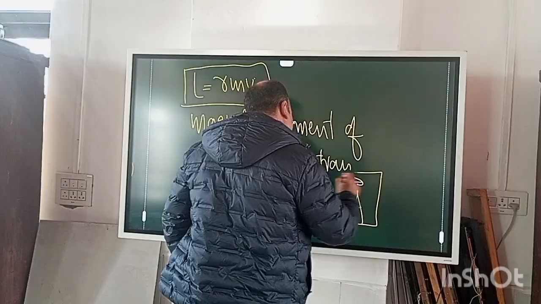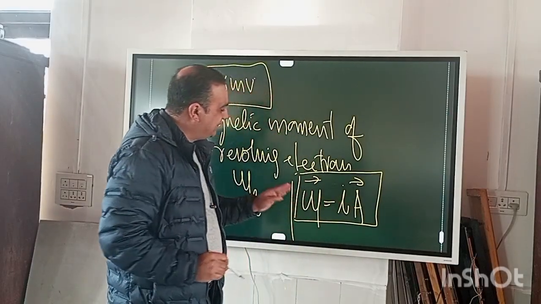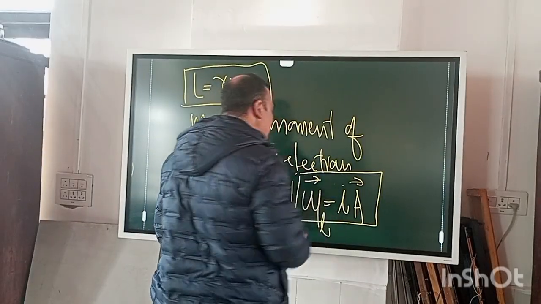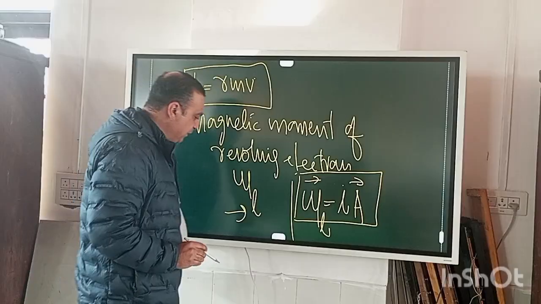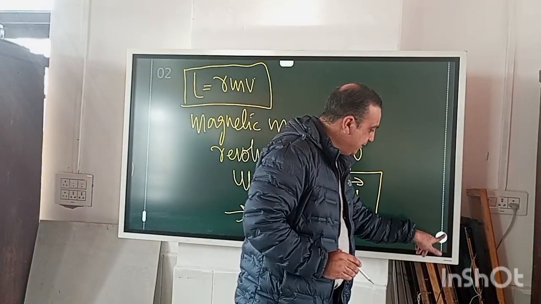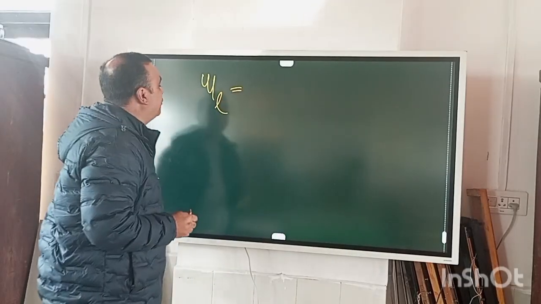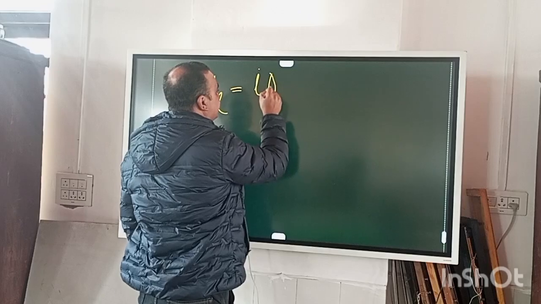Area is a vector, so the product of current and area leads us to the magnetic moment. I use a subscript of L in this case. Again, writing down the magnitude, mu L is going to be equal to current times area.